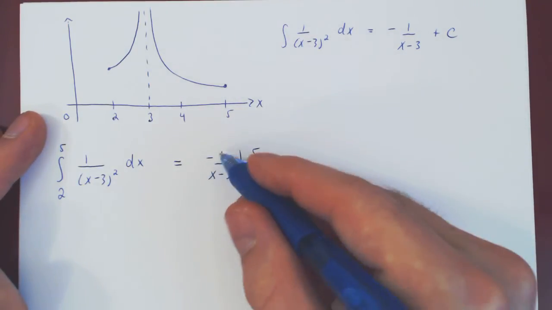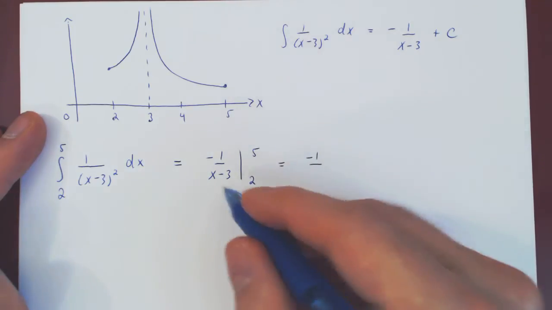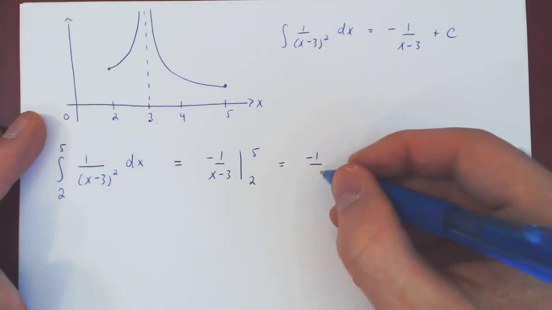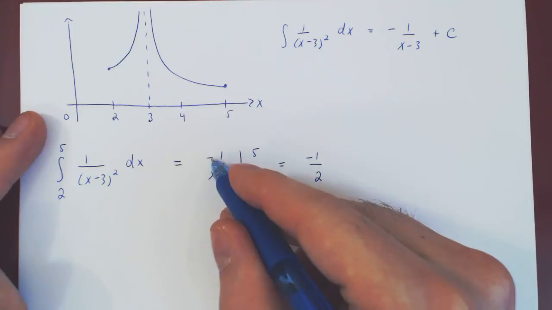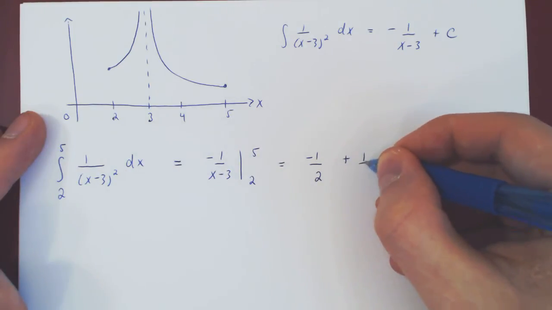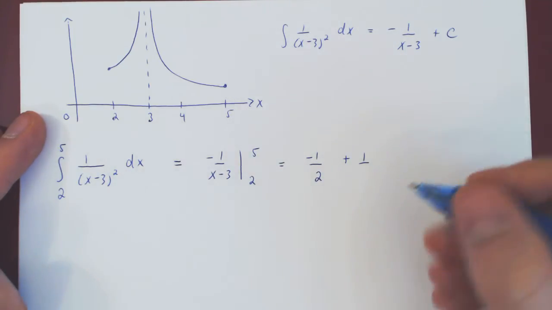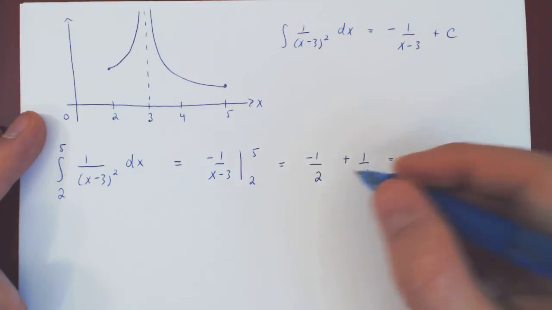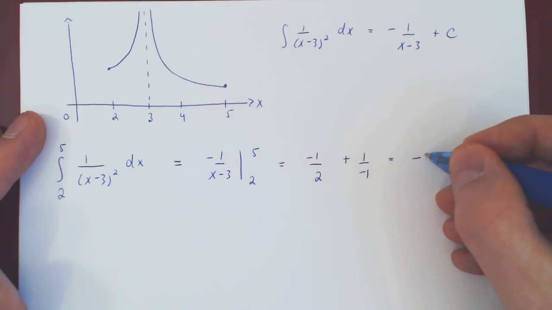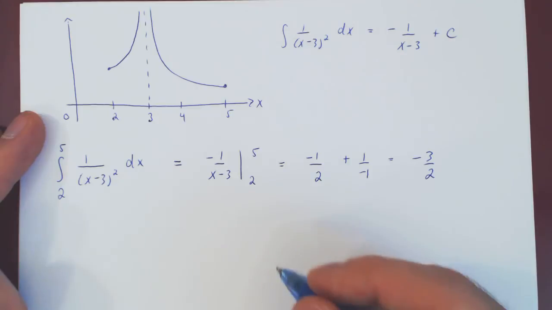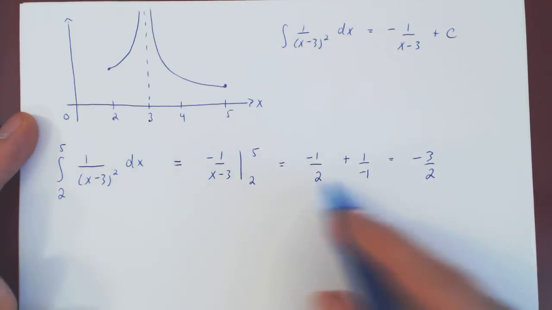So what do we have? Negative 1 over 5 minus 3 is 2, minus minus, so plus 1 over 2 minus 3, negative 1. So we have negative a half, negative 1, negative 3 halves. And so on the surface, everything is fine.